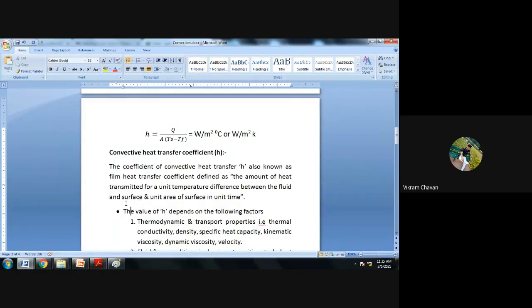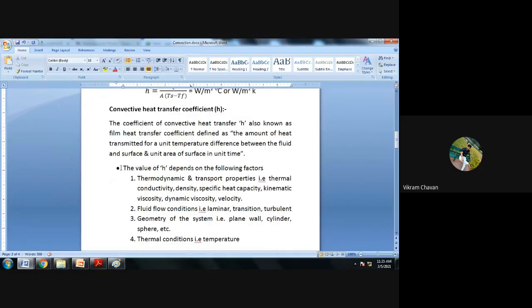Then next, write down the value of h, that is the convective heat transfer coefficient. The value of h depends on the following factors.